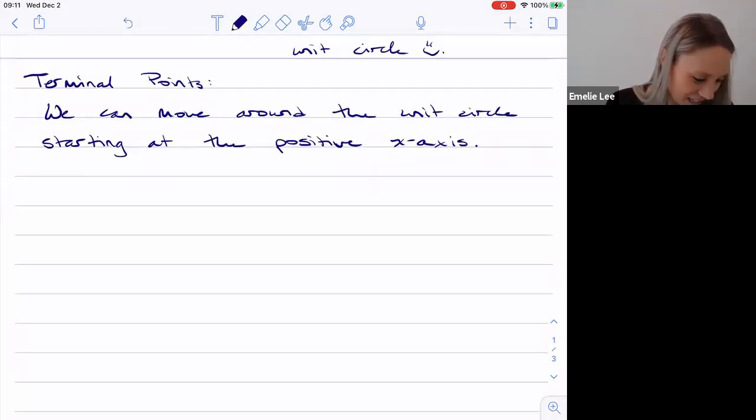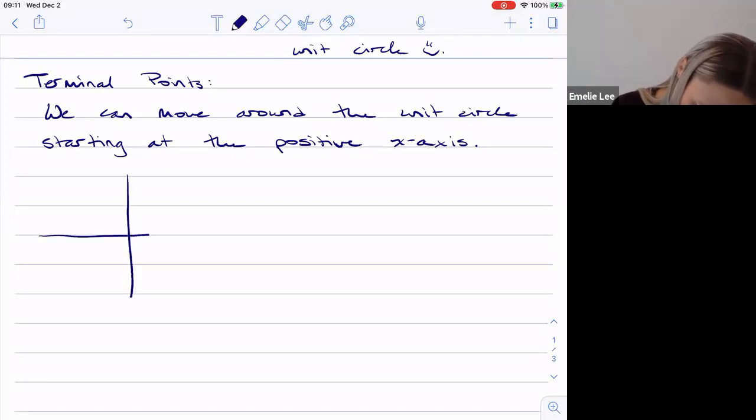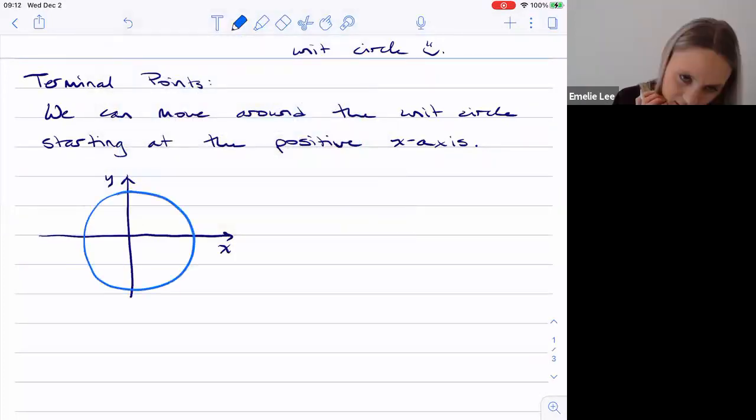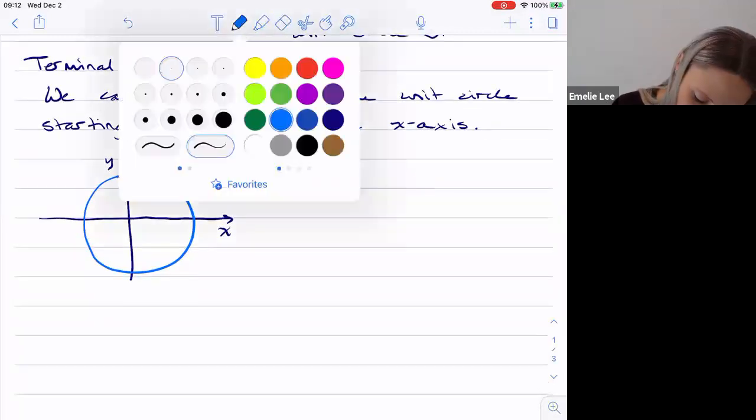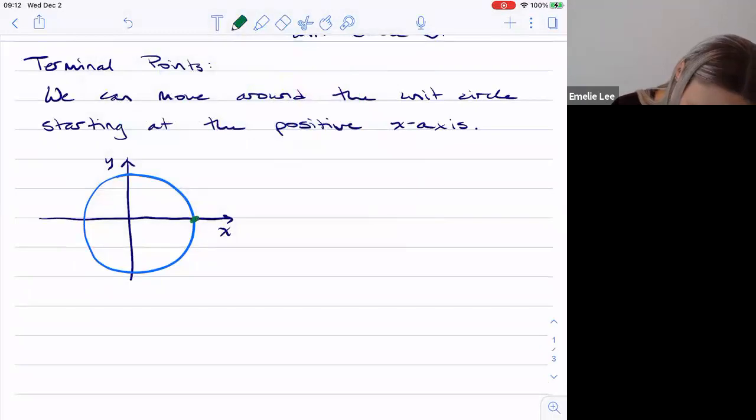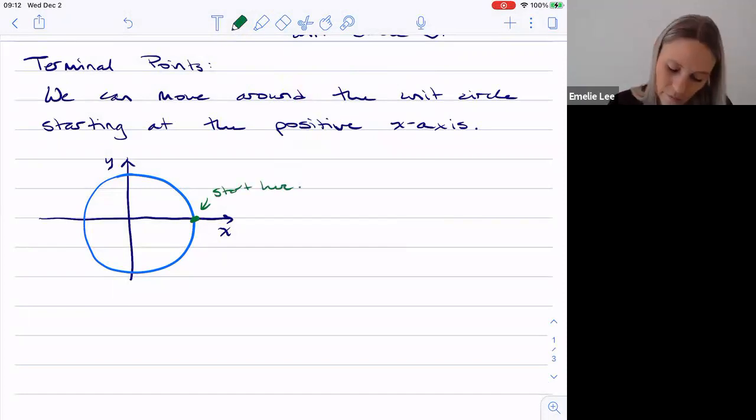Okay, so what we're gonna do, right, is we're gonna start on the positive x-axis. So what that means is that we'll have a unit circle here. We'll pretend that's a nice circle. So we'll start here. Okay. What we're going to be doing is moving around this circle.